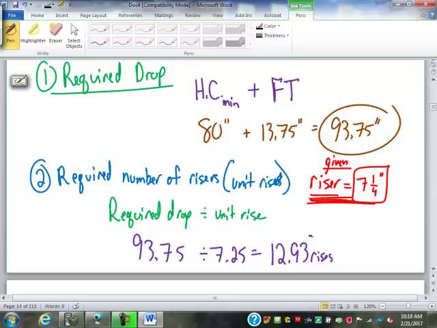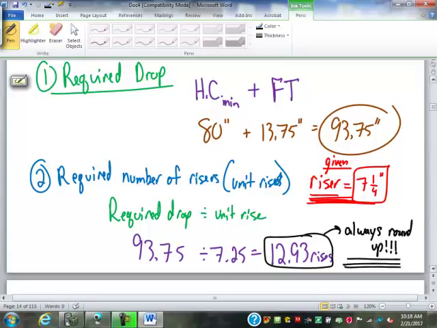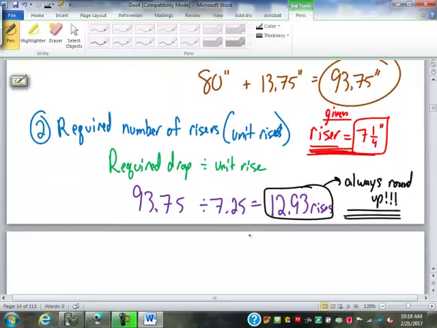This number here, I don't care if that's 12.1. Always round up. So that means we need 13 rises.